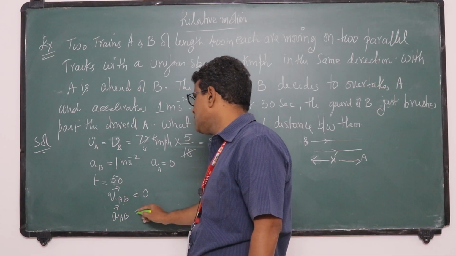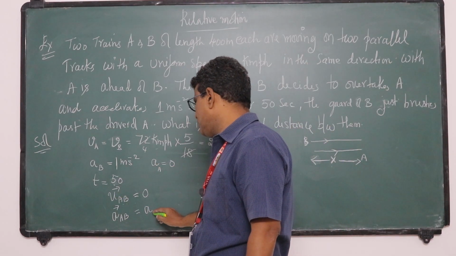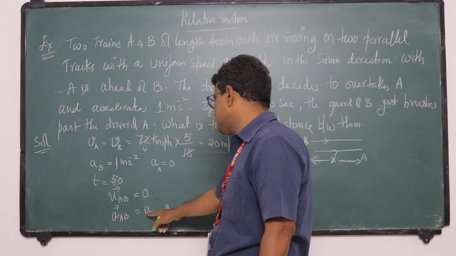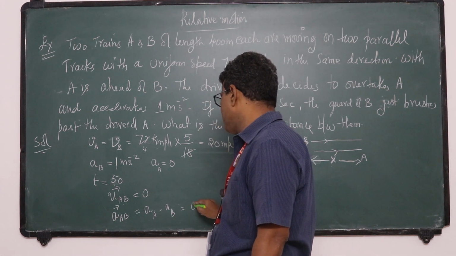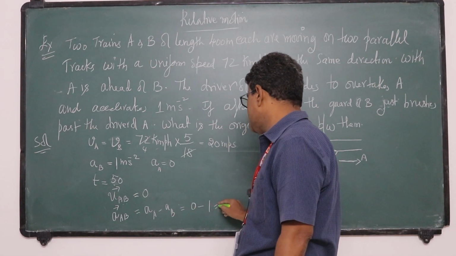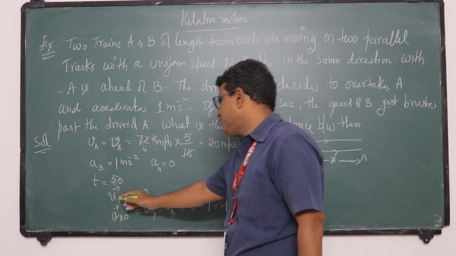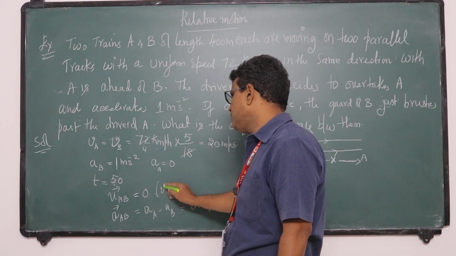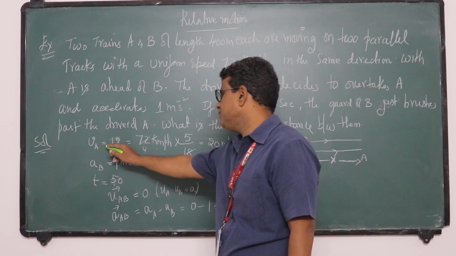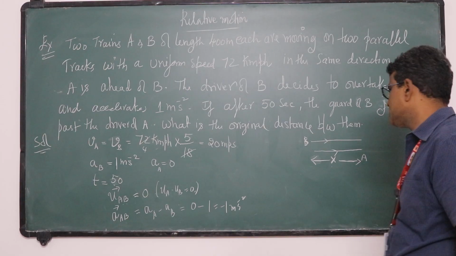It is VA minus VB. What is VA? 0. What is VB? It is 1. So that is minus 1 meter per second squared. Initial velocities are the same.